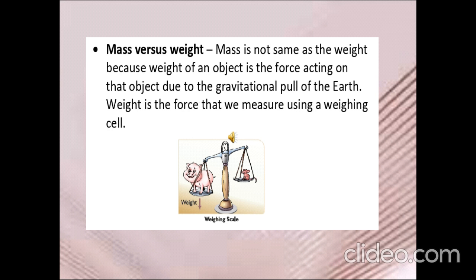On earth it shows its weight, but on the moon it shows less weight, since the gravitational force on earth is more compared to the moon. The mass of the object remains the same in both places, but the weight may vary due to the force acting on the object. Right?